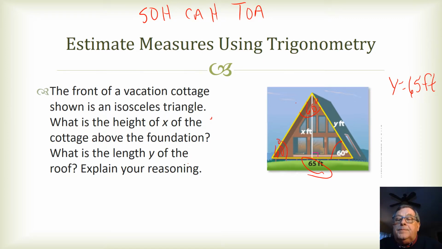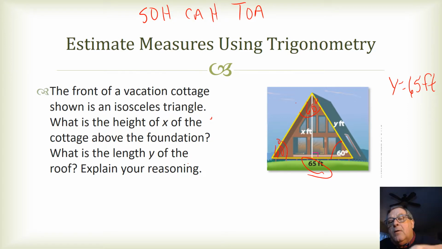Now, I'm looking at X, and I've got this angle of 60. And here's something that we need to know. Anytime you're trying to find these missing measures, you need to focus on the things that you know, and you want to work from there. So let's see, 60 degrees.